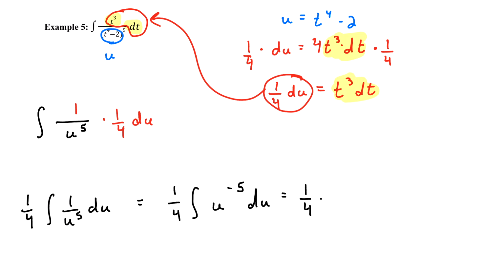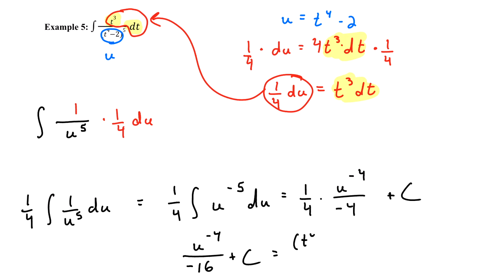1/4 times adding 1 to the power will give me u to the -4 power divided by my new power of -4 plus my constant of integration c. I'm going to multiply straight across right here, so 1 times u to the -4 power will be u to the -4 power divided by 4 times -4 would give me -16 plus c. And then after that, we're just going to take our t to the 4th minus 2 and plug that back in.